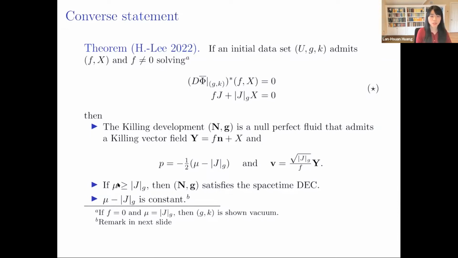While this just means you contract the normal vector of the slice with another causal vector is non-negative. So this is a stronger condition, but the space-time will satisfy the dominant energy condition. And also very interestingly, we're able to show that this quantity, mu minus the length of J, so really just a difference of these, is constant.